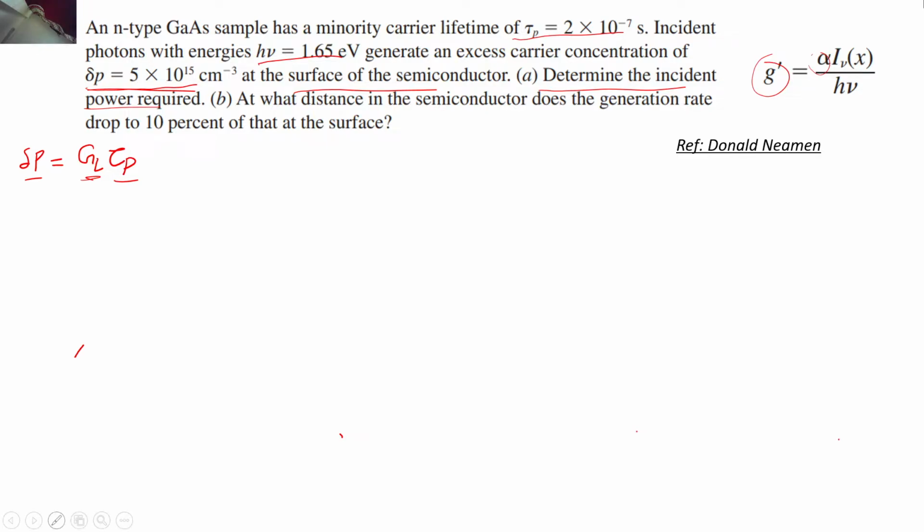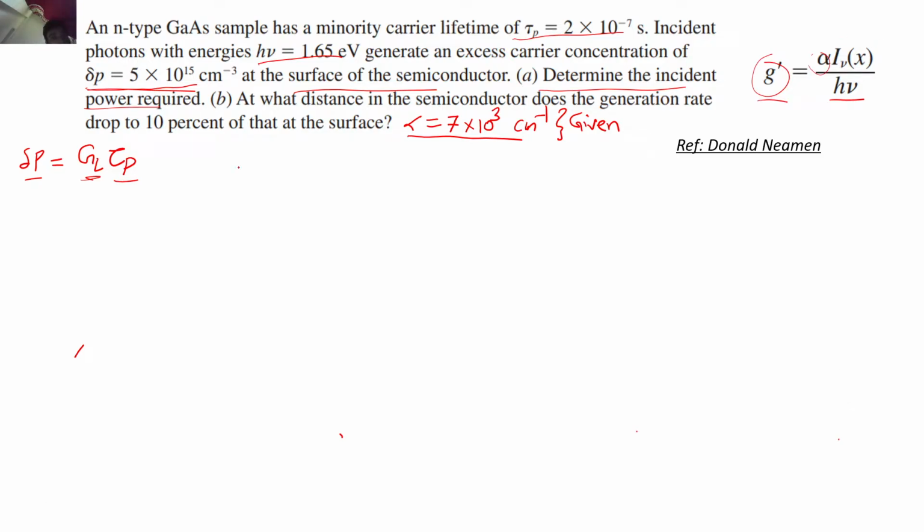So what we have to do is I give you the value of alpha. You can take alpha around 7 × 10^3 cm^-1. So this is the value of alpha given to you. So we know alpha, we know hν, we know G_L, so we can easily calculate the value of Iν.